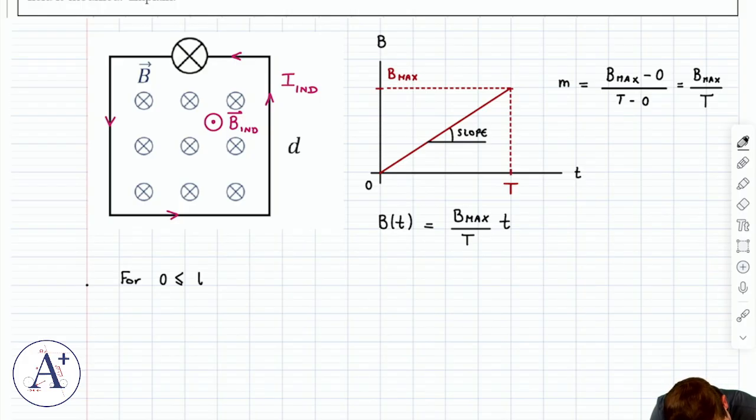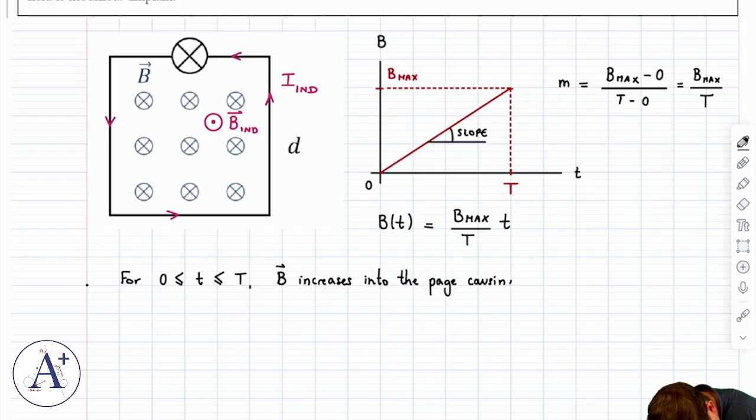For t going from 0 to capital T, B increases into the page, causing the magnetic flux Phi to increase into the page.